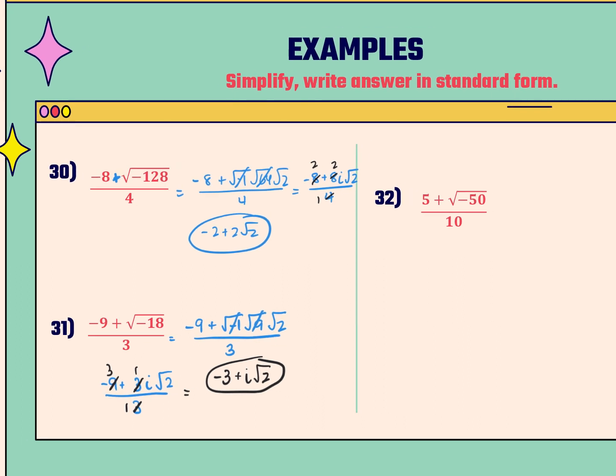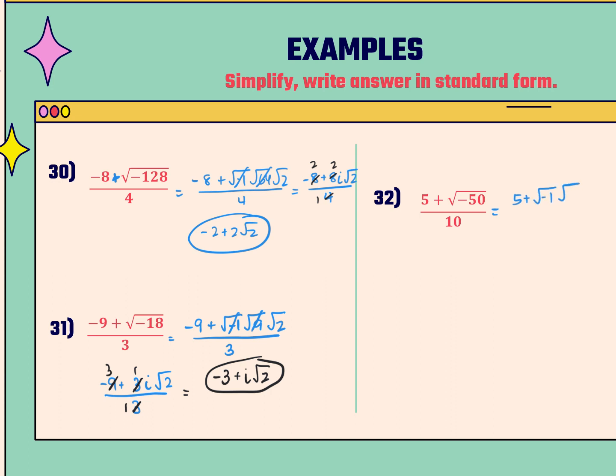Okay, and last one, we come over to here: 5 plus the square root of -1 times the square root of 25 times the square root of 2, over 10. So I do 5 plus, the square root of 25 is 5, the square root of -1 is i, the square root of 2 is there, and then over 10.